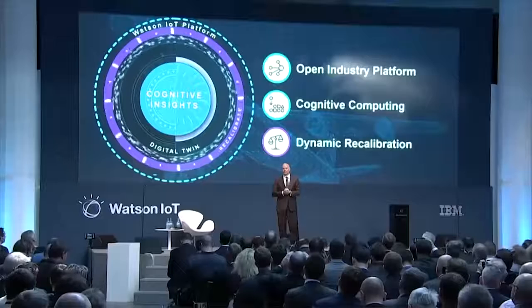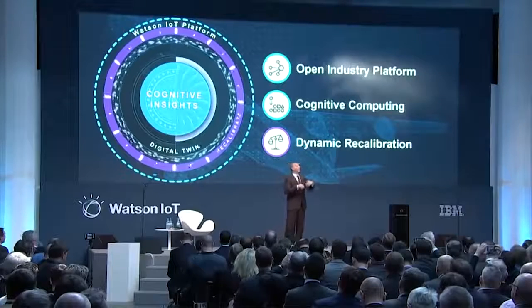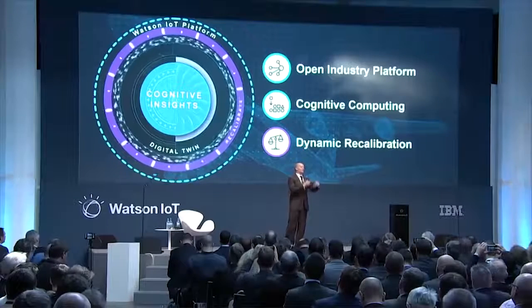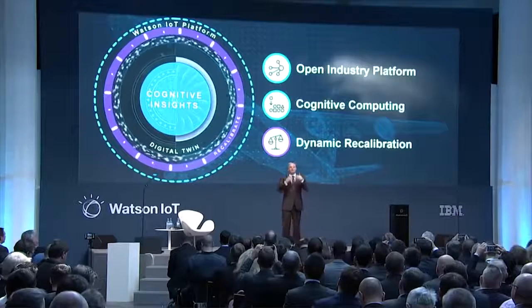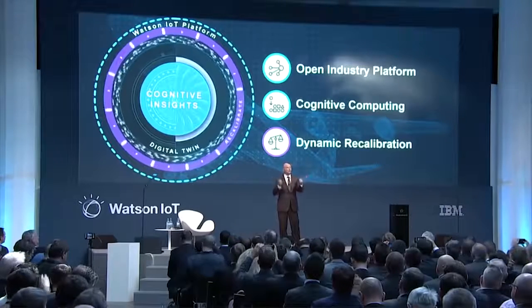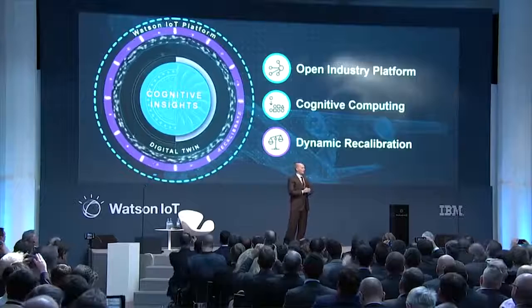So when you have the information and you have cognition taking place on it, what you can then do, which is the third step, which is the most valuable step, is you can dynamically recalibrate your environment. So a digital twin, when operating correctly, not only represents a picture. It's not only something that you can see in glasses and explode, but it actually works to dynamically recalibrate your environment, affecting the design, the build, and the operations phases of everything you do around that particular device.